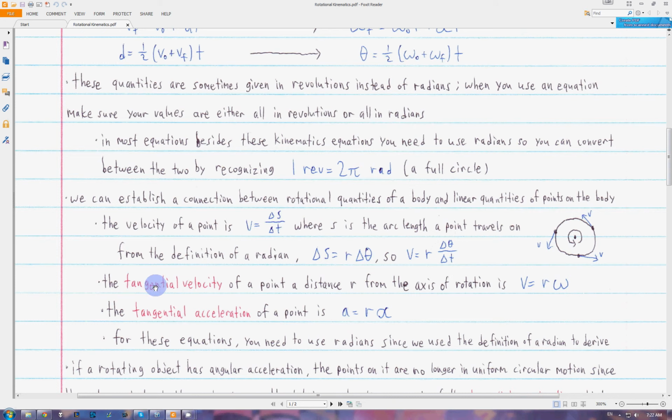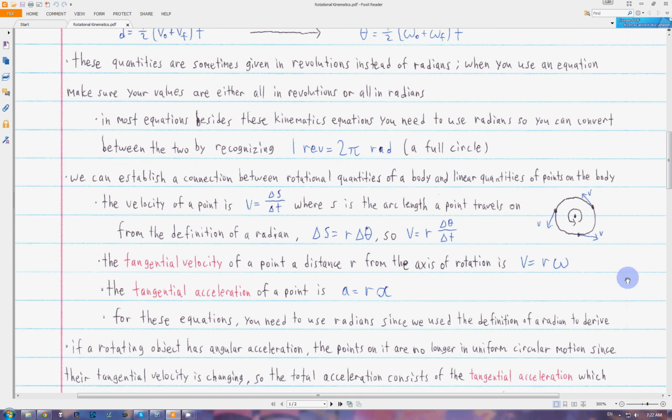So the tangential velocity of any point on this object, if this point is a distance r from the axis of rotation, its velocity is r times omega. And then we can also find that the tangential acceleration of a point is r times alpha.